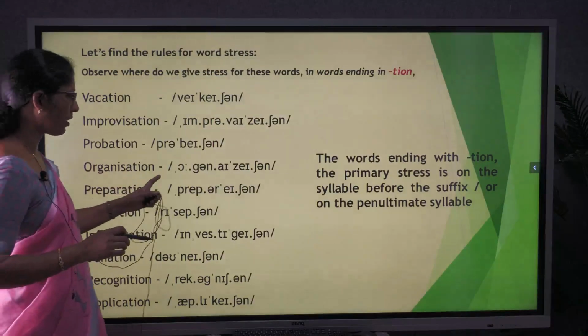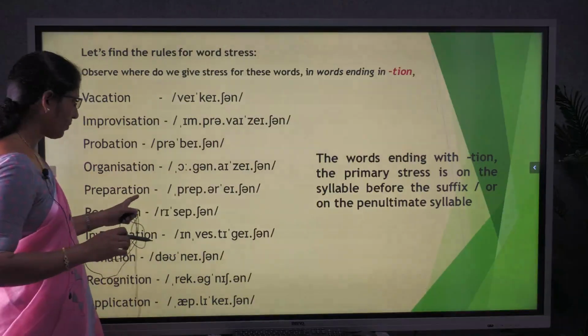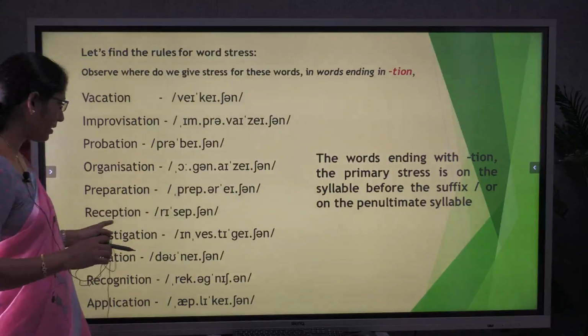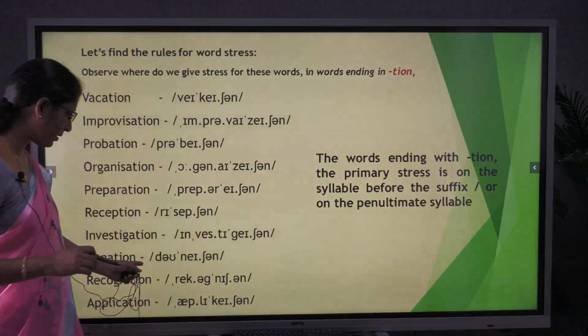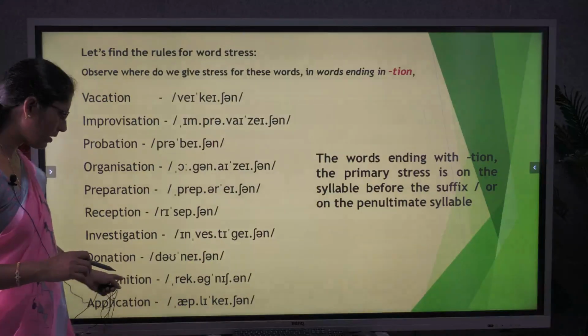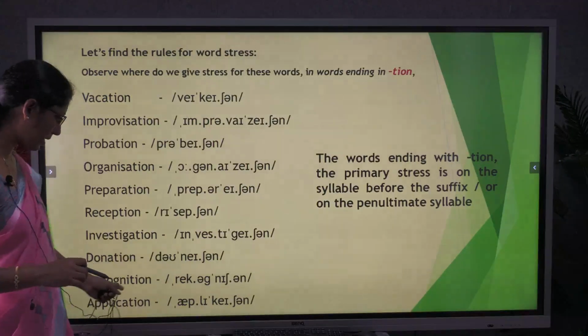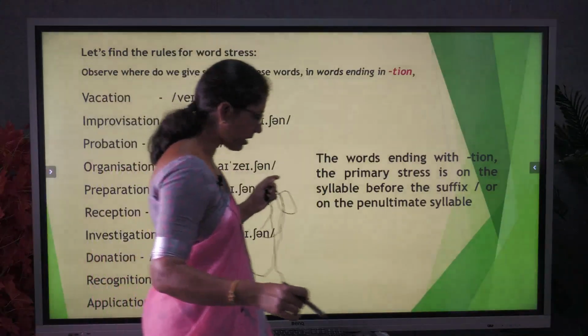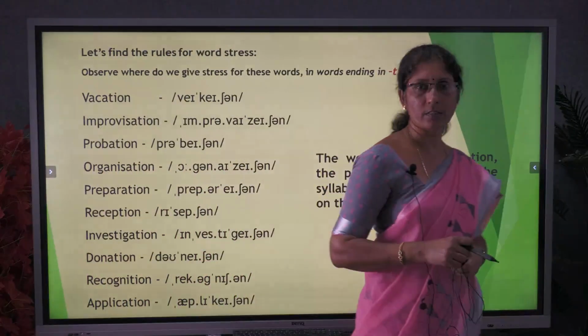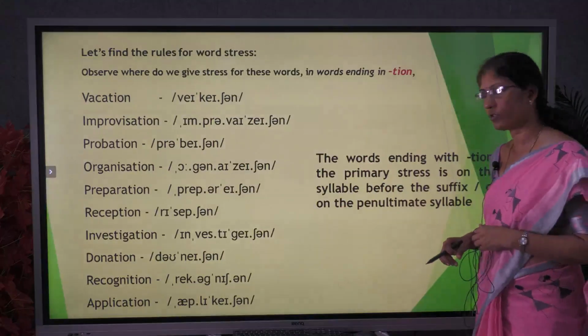Probation. Next, organization. Preparation. Reception. Investigation. Donation. Recognition. Application. So in this shun rule, the syllable before the suffix receives the stress.